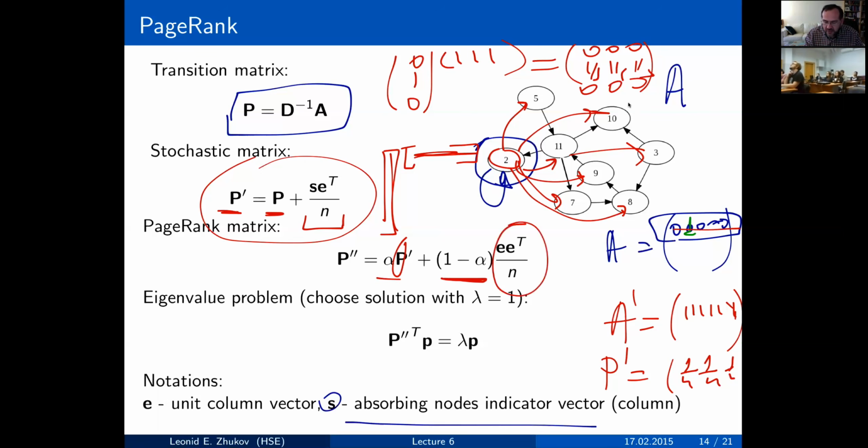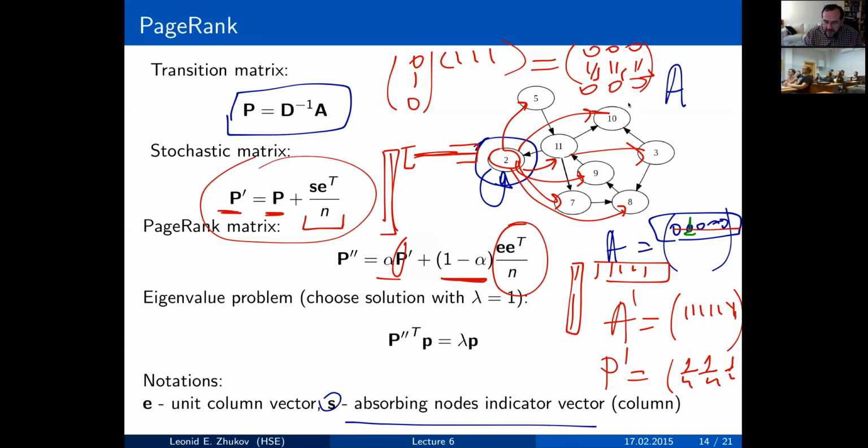E transpose really means, again, you take a vector of all ones and multiply it by a vector of all ones, which gives a matrix of all ones, corresponding to a transition from every node to every node. Now, again, this is a notation. You do not want to actually create this matrix.